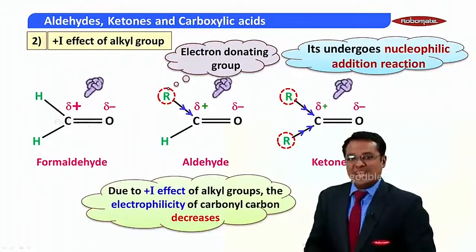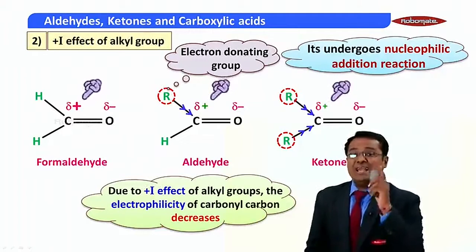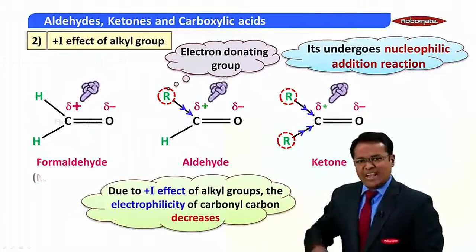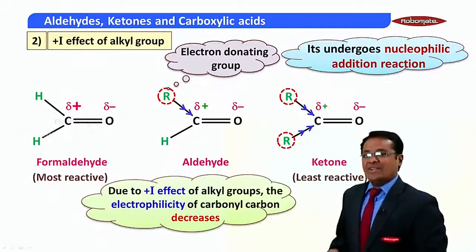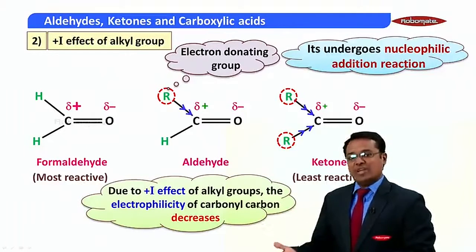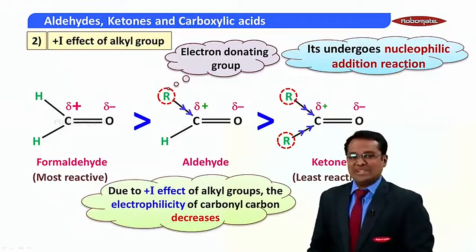One point is very clear: the positive inductive effect always reduces the electrophilicity of the carbon atom. So formaldehyde will be the most reactive and ketone will be the least reactive. Hence the reactivity order is formaldehyde more reactive than aldehyde, and aldehyde more reactive than ketone. Is it not so easy, students?